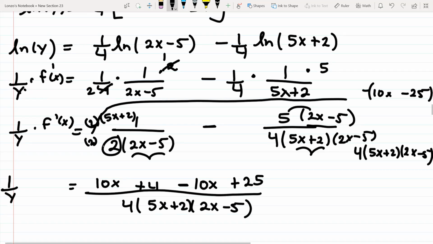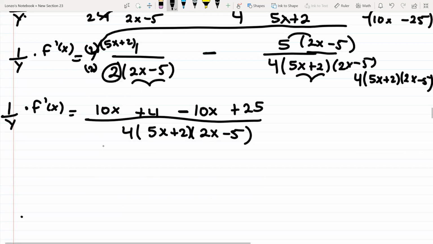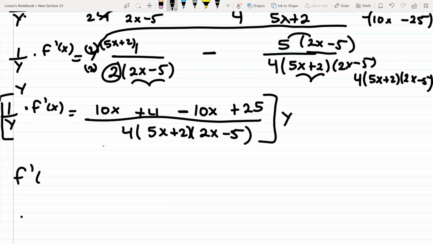So over here we have 1 over y times f prime of x. So I think what we should do is solve for f prime of x. To get rid of this 1 over y, we're going to have to multiply both sides by y. So this is just going to be f prime of x equals y bracket.